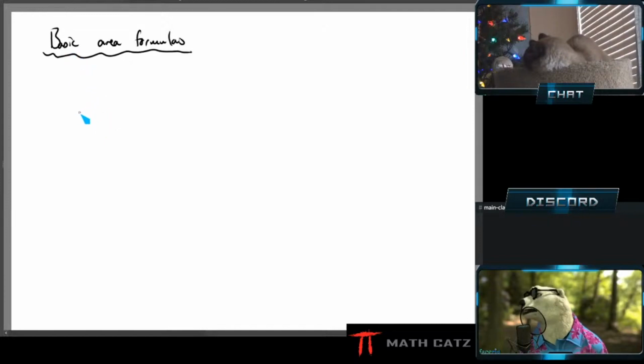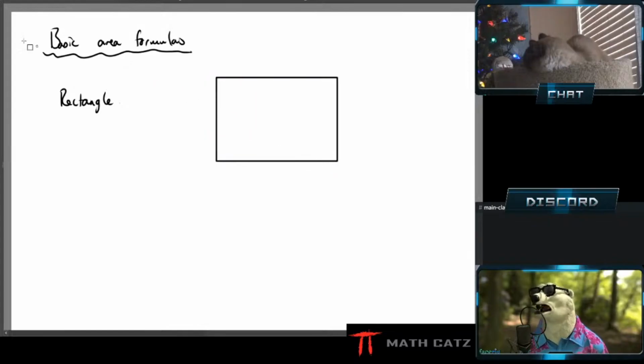All right, so let's start with our basic shape. The most basic shape when it comes to area is the rectangle, because it's used in the concept of area, that I have this basic unit square, 1 by 1. It's my unit. And when I talk about the area of this rectangle, for example, I'm asking how many of these unit squares can fit into this space.